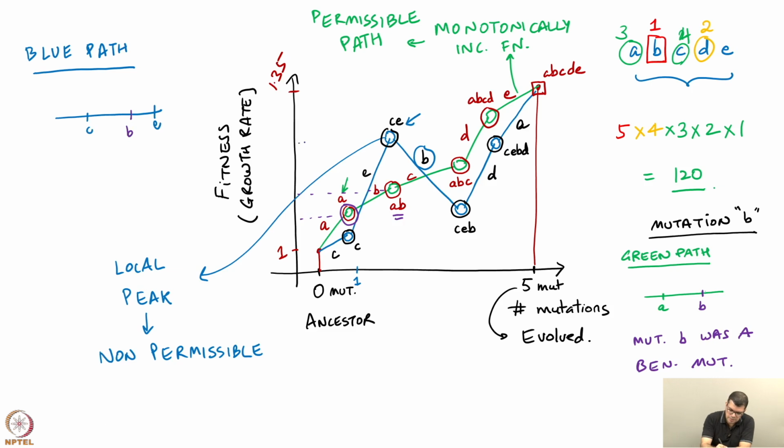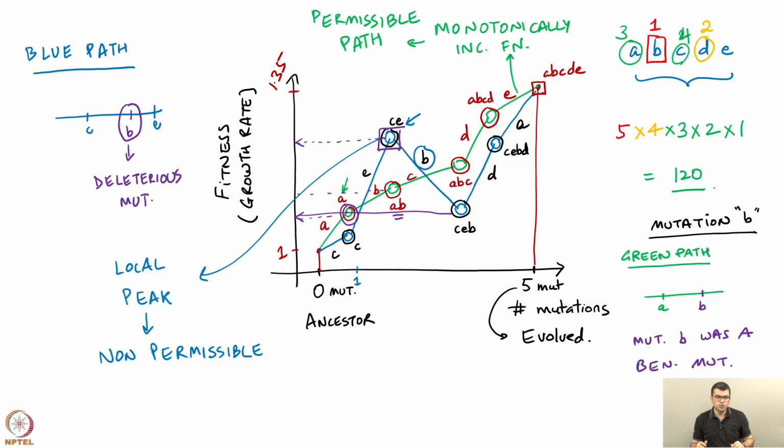But the CE genotype had a fitness which was given by this number, and on this background when the B mutation occurs, fitness drops significantly to this level. As a result, when mutation B occurs in a background which already contains mutation CE, fitness decreases dramatically, and in that context this mutation is a deleterious mutation.